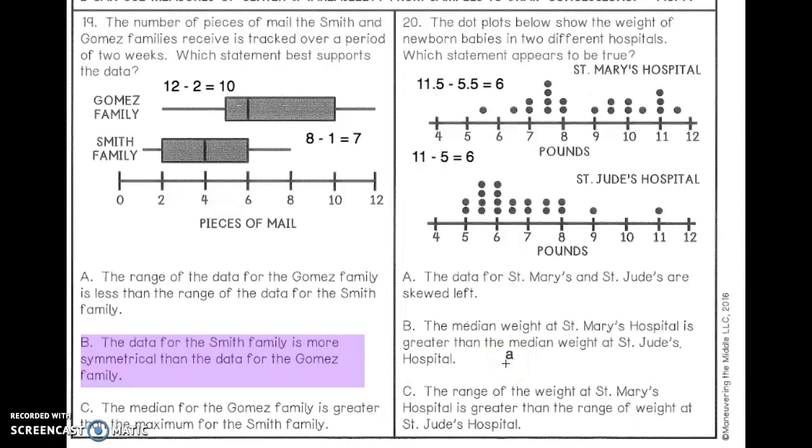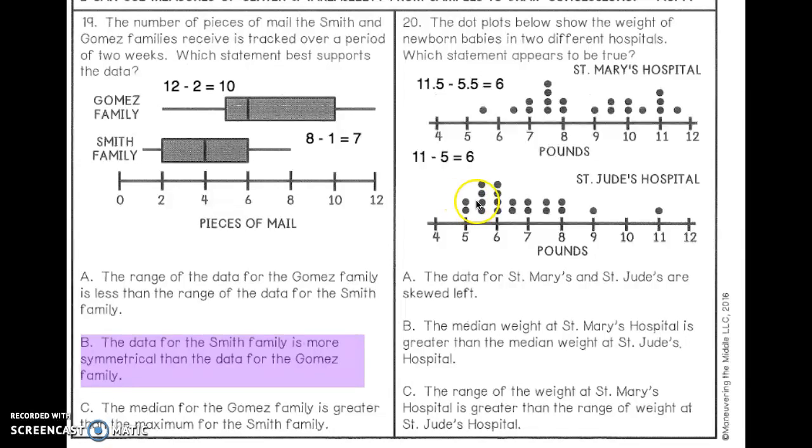The median weight at St. Mary's Hospital is greater than the median weight at St. Jude's Hospital. Well, just to save some time, there are 20 numbers in this set. So if you count 1, 2, 3, 4, 5, 6, 7, 8, 9, then numbers 10 and 11 would be one of these 8s and one of these 9s. So this median would be 8.5.